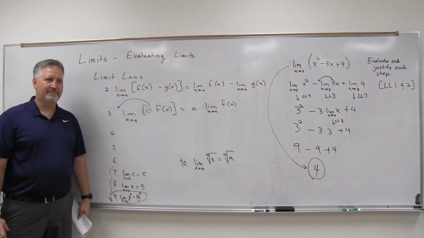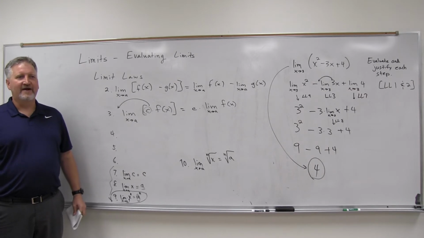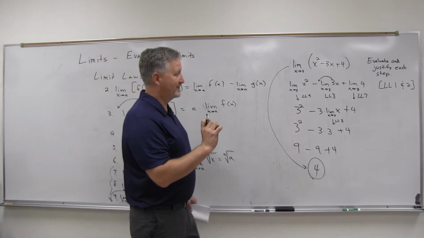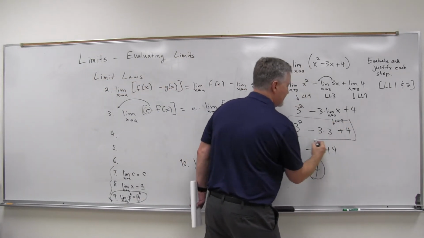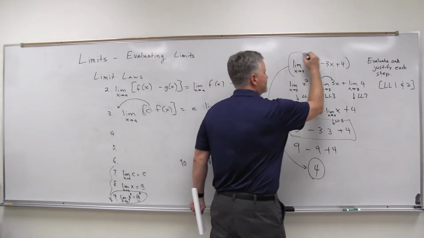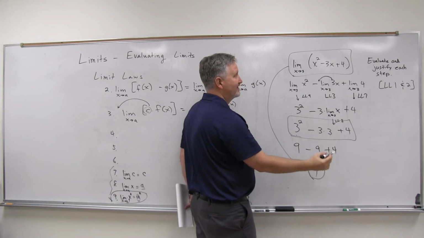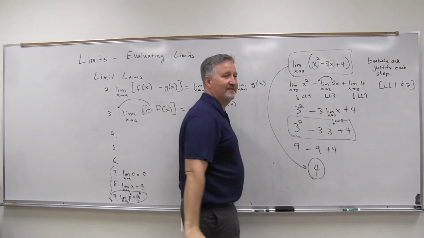Now, hopefully, you see what we did there. Good news is, all we really have to note is this. What did I actually do? Look at this step right here. To evaluate this limit, what did I actually do? 3 squared minus 3 times 3.